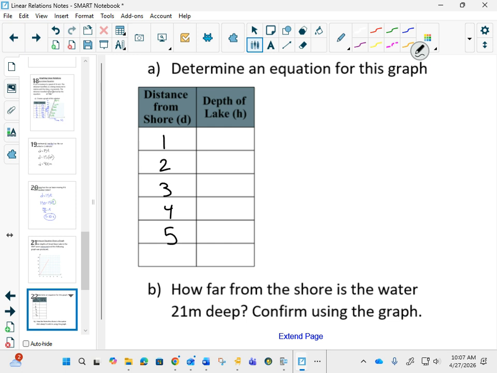So, for 1, I think it's about 3.8. And then 2, 7.6. And then at 3, I think it looks like, no, at 3 it's above.